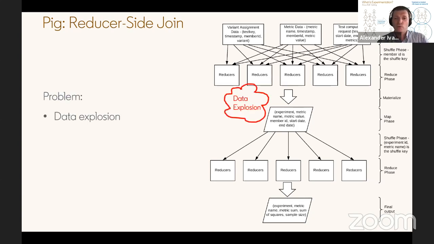The problem was that the data size exploded here, and it was super slow. At some point we ran a job on the full size of input and output, and it took us over 40 hours to complete. That's really unacceptable, and that did not allow for very good experimentation speed.